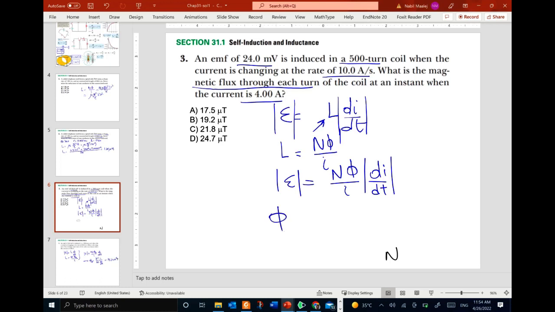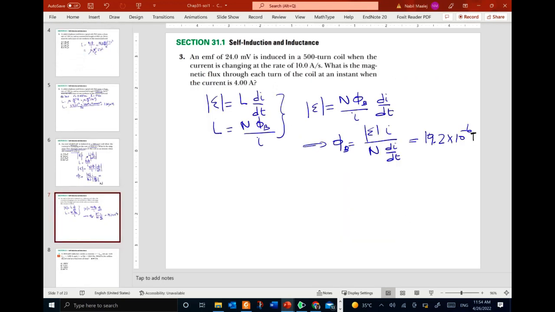So the flux is just equal to the EMF times I divided by N times di dt. So I have everything. 24 times 10 to the minus 3. The current is 4 amps. N is 500, and the derivative of the current with respect to time is 10 amps per second.